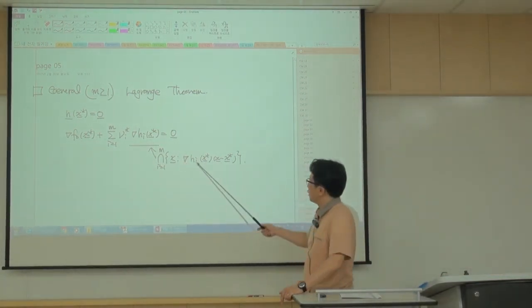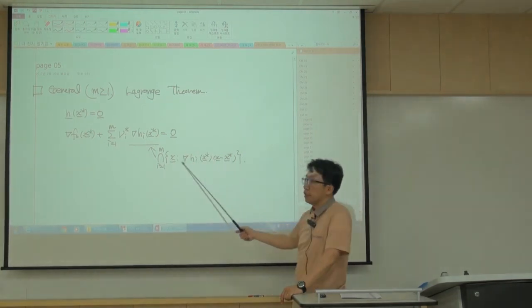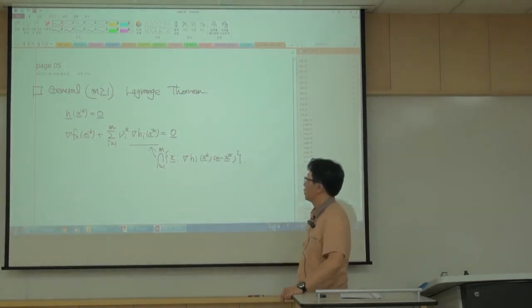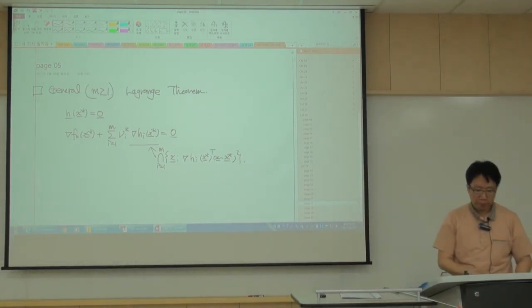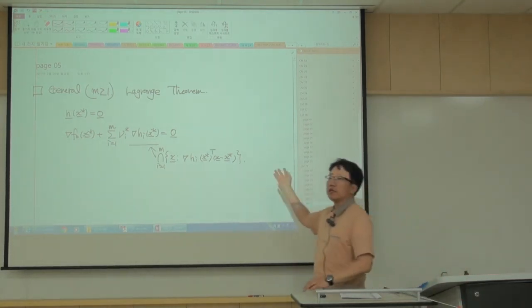So we assume that these are linearly independent vectors. Now the idea is the same.